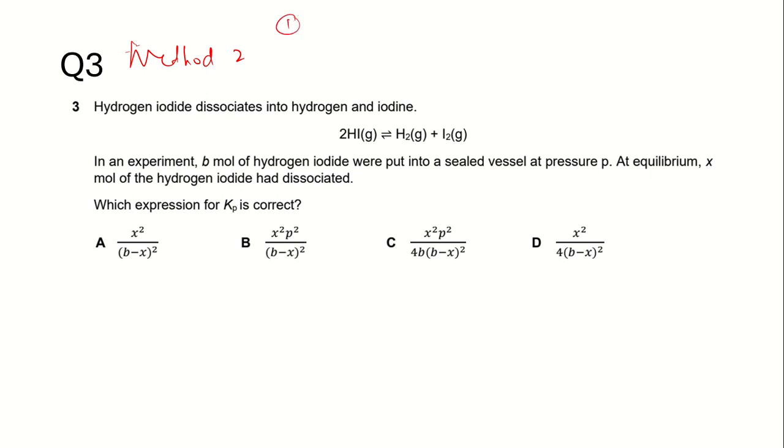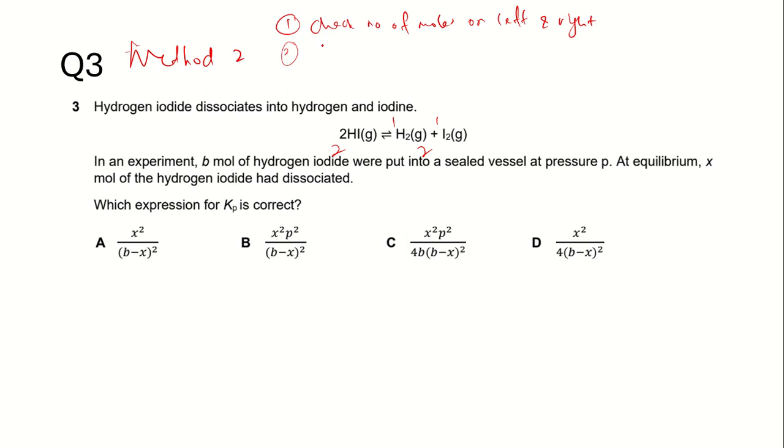First thing is to check the number of moles on the left and right. On the left hand side, 2 moles of gases. Right hand side, 1 plus 1, also 2 moles of gases.